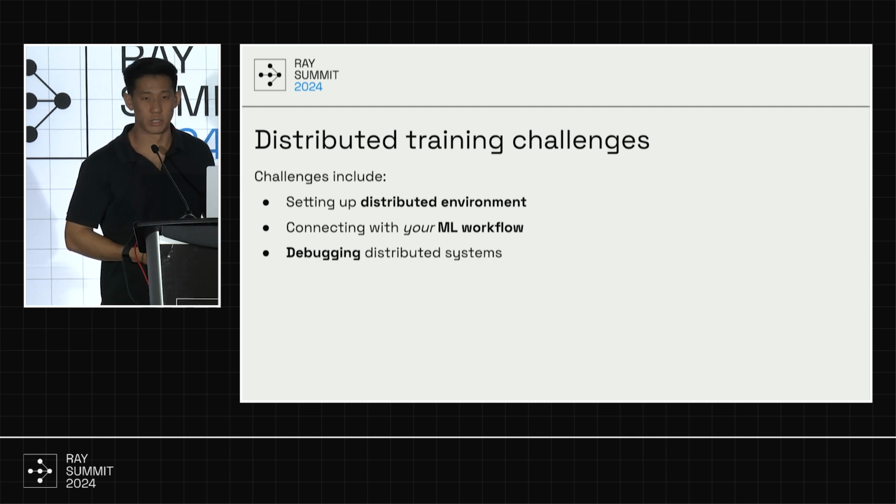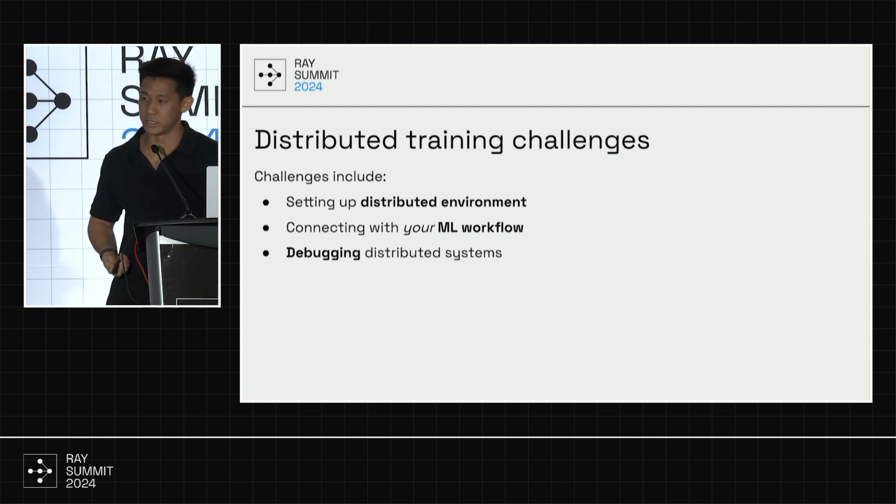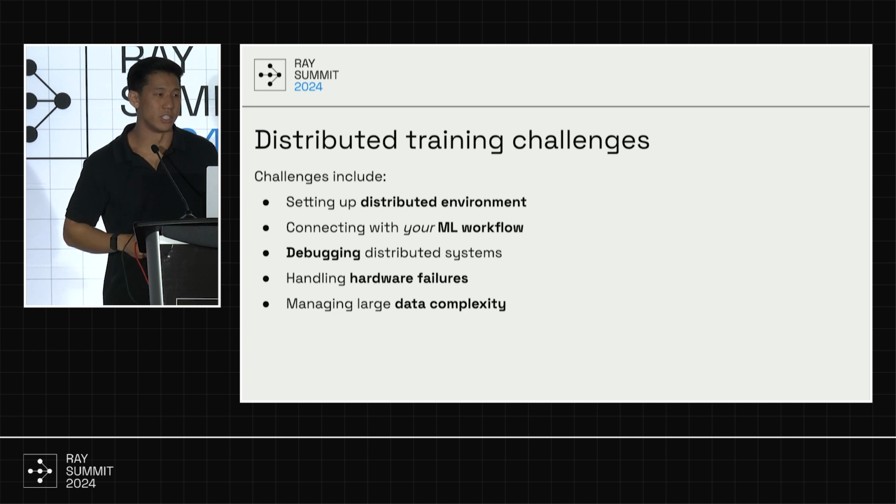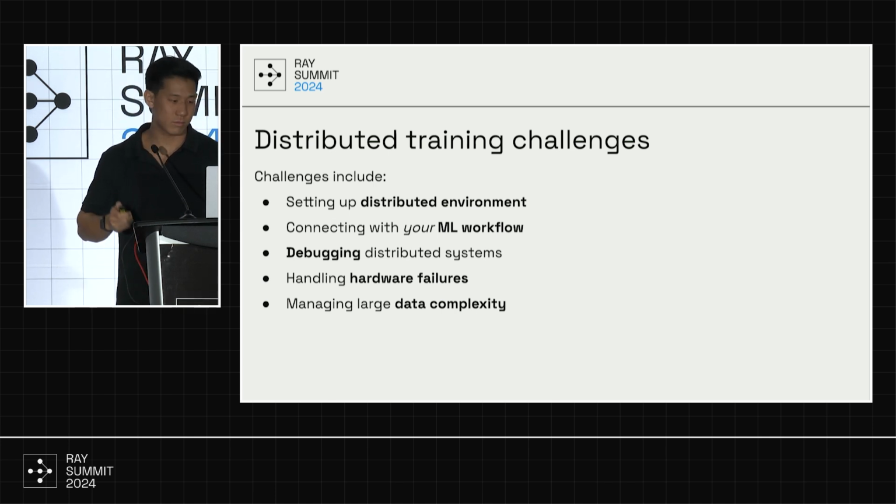You might also run into trouble debugging distributed systems now, as well as figuring out how do you properly handle hardware failures. In addition to this, there's also this new challenge in which you need to manage large data complexity at such scale. So how do we tackle these challenges?